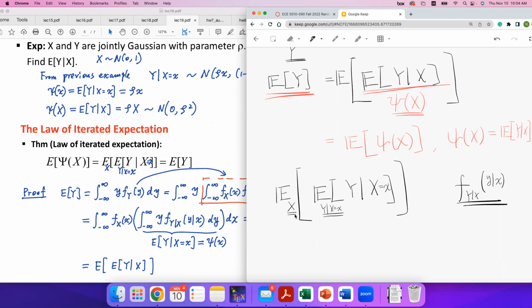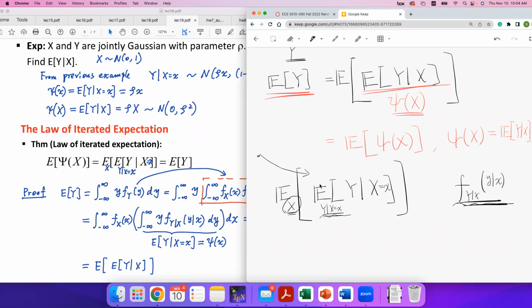Okay. So if you think about this, the outer expectation is taken over the randomness of x. This means that once we start from outside and move to the inner part, we are conditioning on a specific realization of this random variable x. Once we have that specific realization, we can compute the inner expectation by leveraging this conditional PDF.